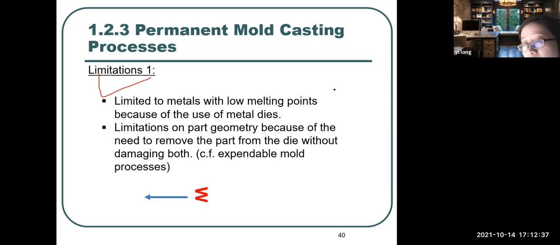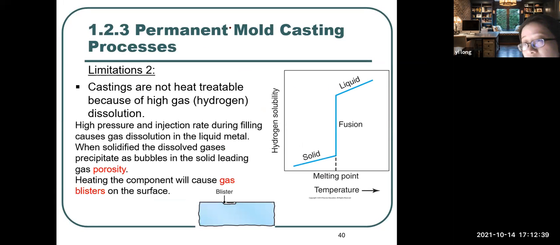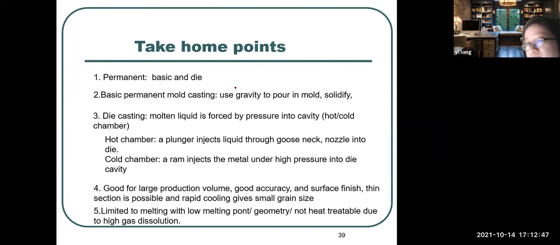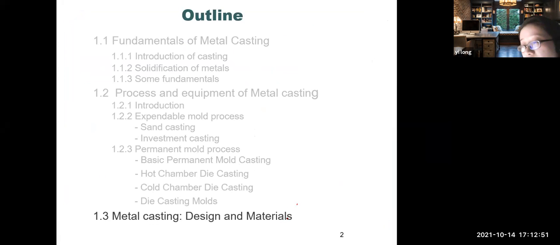And the limitations I explained in the tutorial. And the take-home points, yes. Then all of this, no need. 1.3 is not needed, 1.3 is not required.